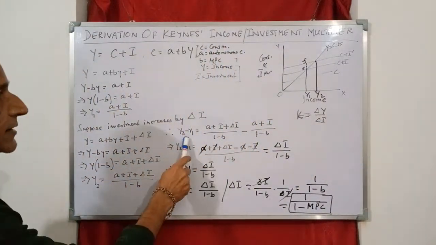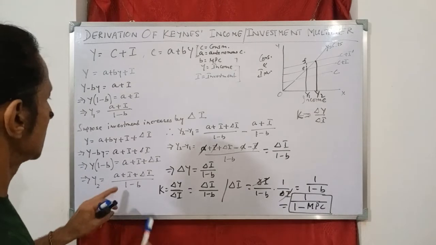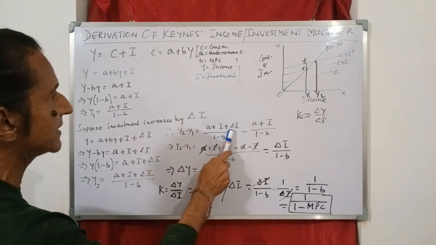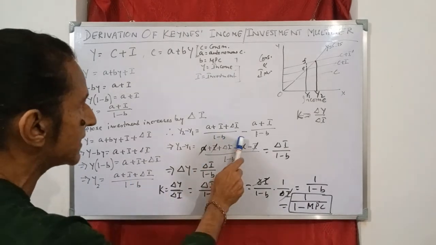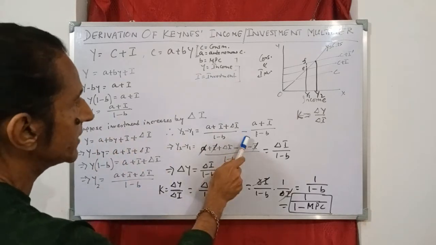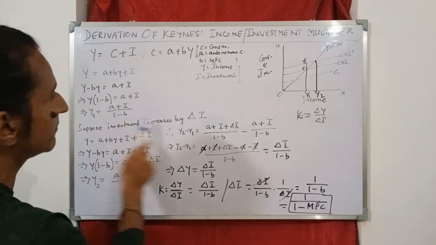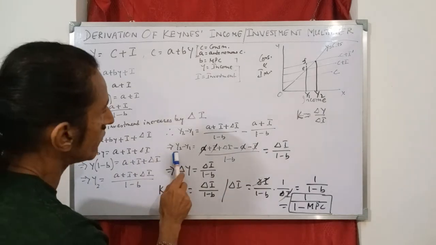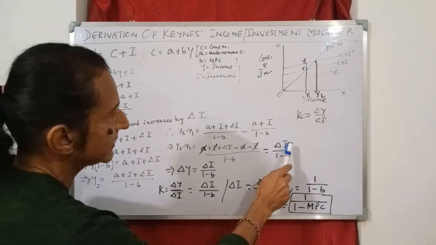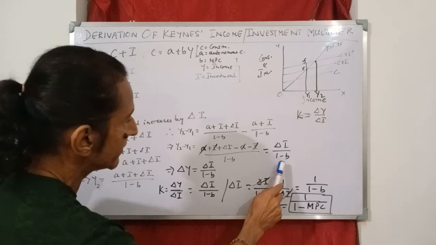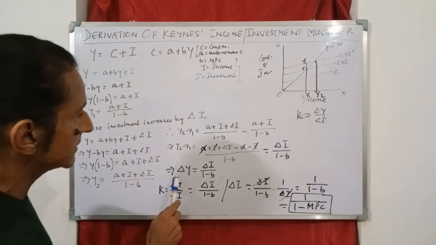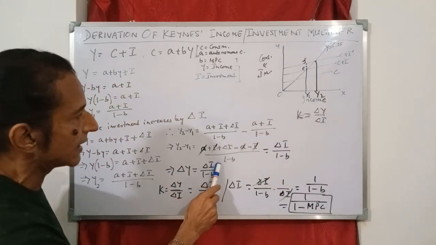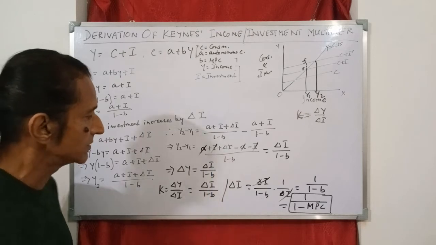So y2 minus y1 equals a plus I plus delta I by 1 minus b minus income of year 1, that is a plus I divided by 1 minus b. So this gives us y2 minus y1 equals delta I divided by 1 minus b, that is delta y equals delta I divided by 1 minus b.